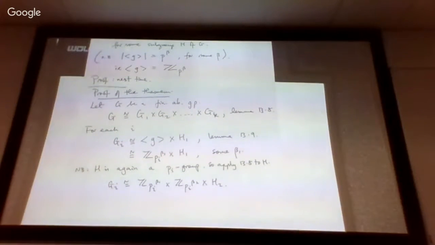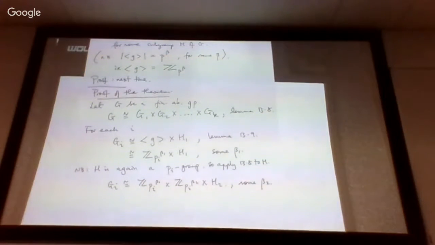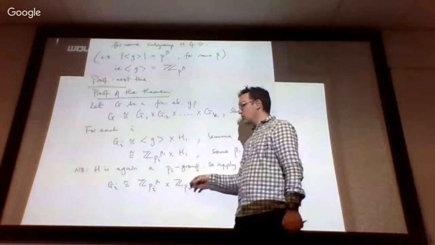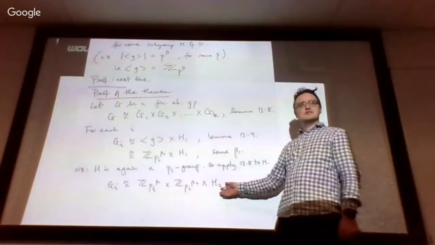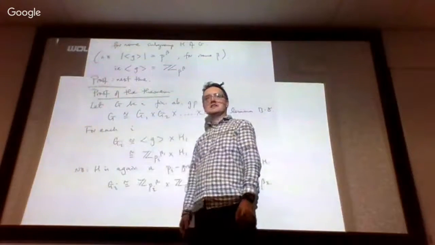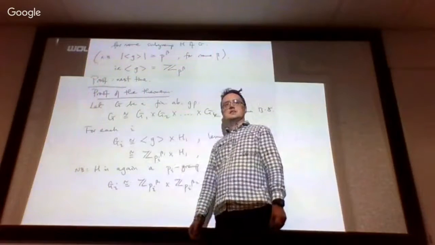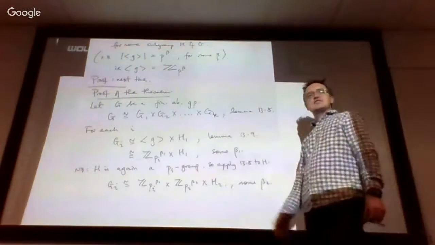So this is now for some β_2. You see what's happening? We've taken account of more elements of G_i. So this H_2 must be a smaller subgroup than the H_1. H_1 is smaller than G_i because we've separated off some amount of the elements of G_i. So these subgroups are getting smaller all the time, so you just keep going.